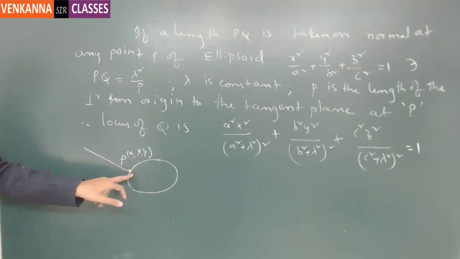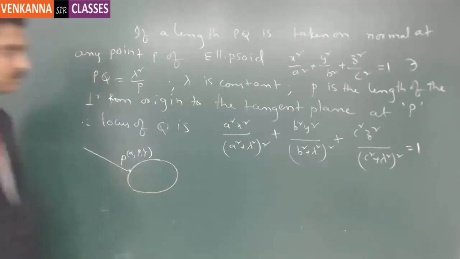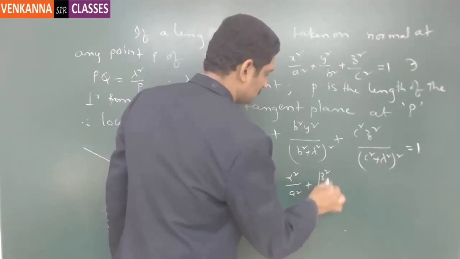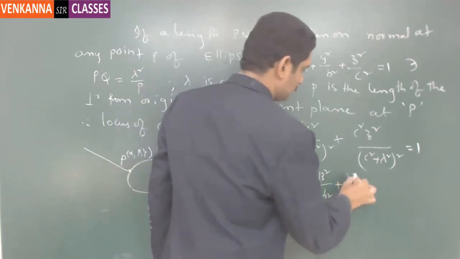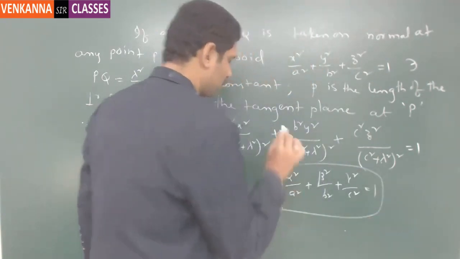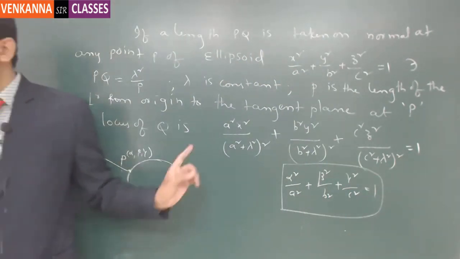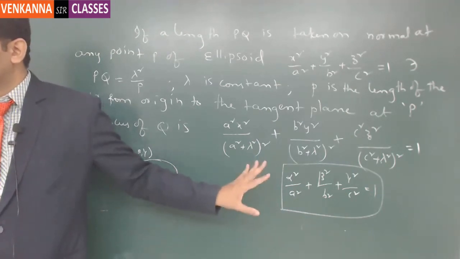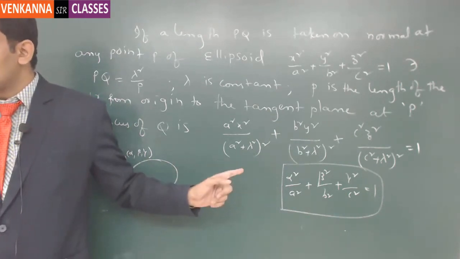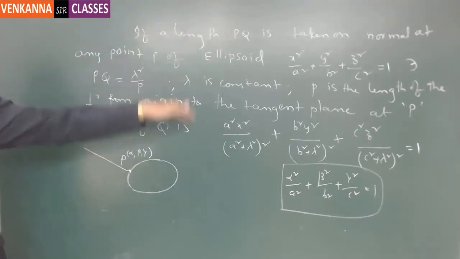Since the point lies on the ellipsoid, first of all, substitute the point in the ellipsoid. So if I substitute suitable values of alpha, beta, gamma, then this is my required locus of the problem. And how alpha, beta, gamma are chosen is the condition given in the problem.